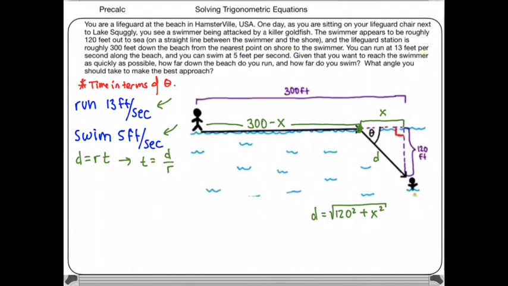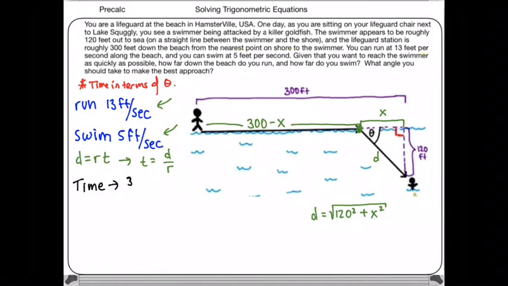Okay, so let's start in a very straightforward format. I want these two parts right here. So the time it's going to take this person to run down the shore and go from here to here, because that's what we're trying to minimize, is that we know that 300 minus x is a distance, that's in feet.